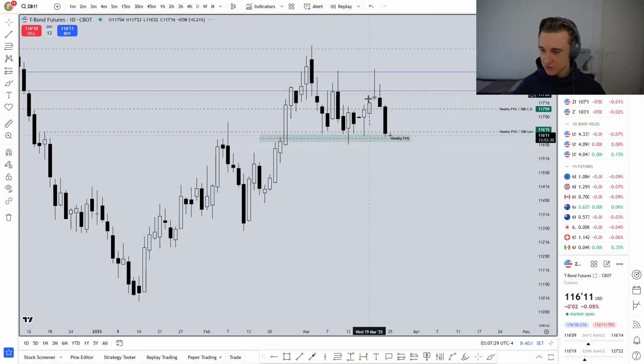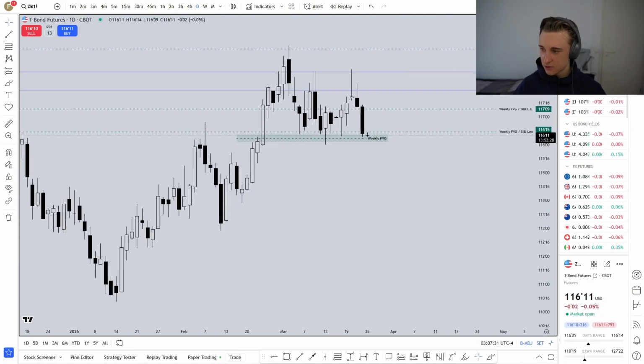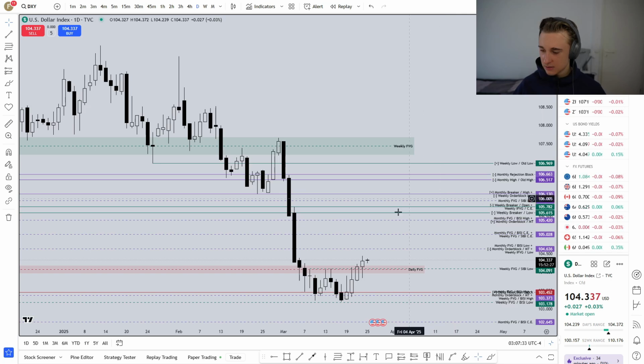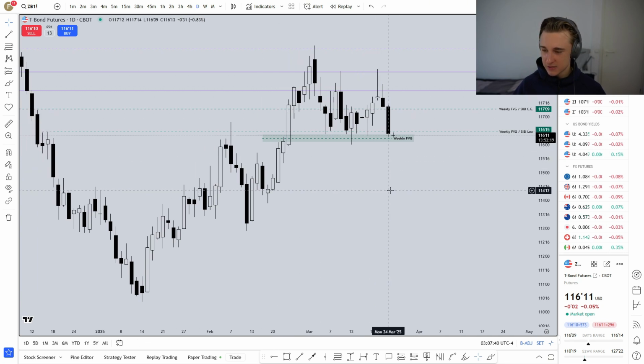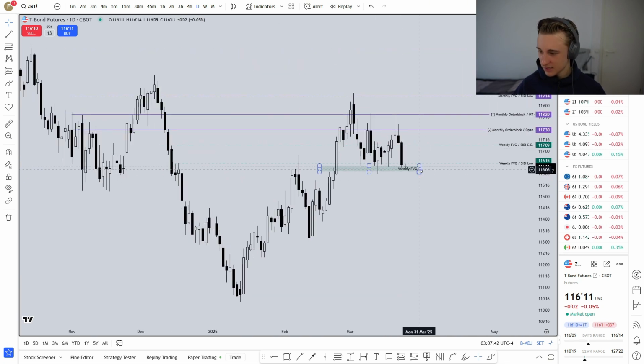Let's look at T-note futures, what they did. Of course, if dollar should be bullish, this needs to allow T-bonds to be bearish; if T-bonds are bearish, this will allow for bullish prices on dollar. And that's basically what we're seeing.